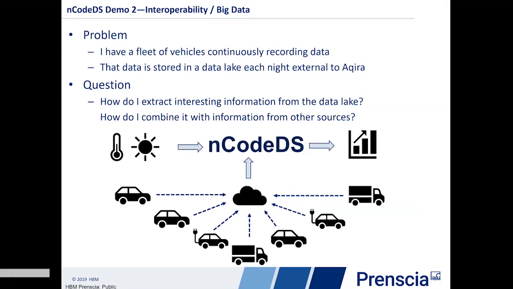So using nCodeDS, it is possible to combine engineering data and other data sources. I mentioned here environmental data, but we can also have maintenance records, and create interesting engineering results.